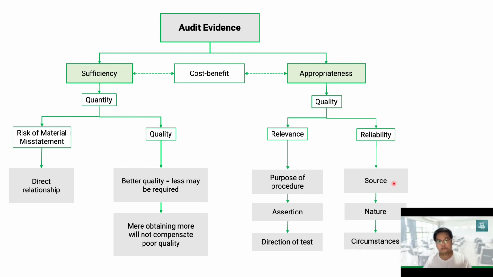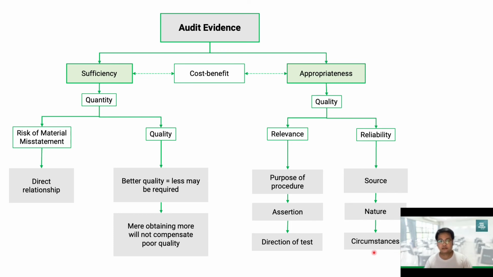As for nature, evidence would be considered more reliable if it exists in documentary form compared to if it is expressed or given to you orally. Evidence would also be considered more reliable if it exists in its original form, rather than copies, like photocopies, facsimiles or fax copies, or duplicates.